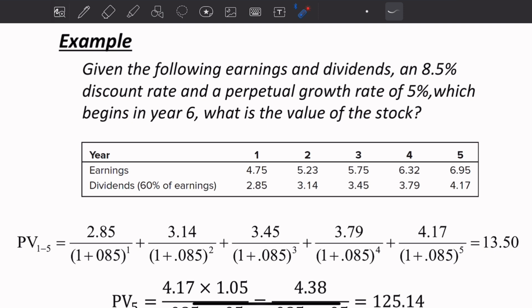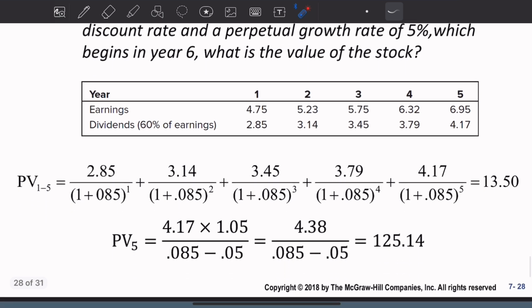So the growth here is not constant. So we're going to have to discount each of these payments individually based on the year that they are expected to be received at. But then from the 6th year onwards, we're going to assume a constant growth rate.